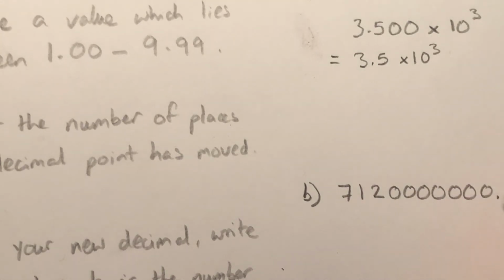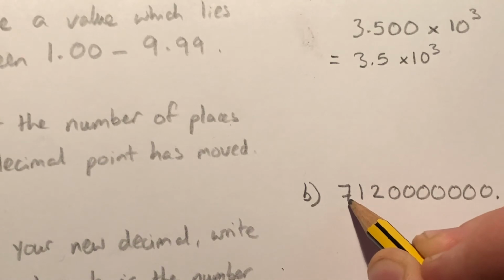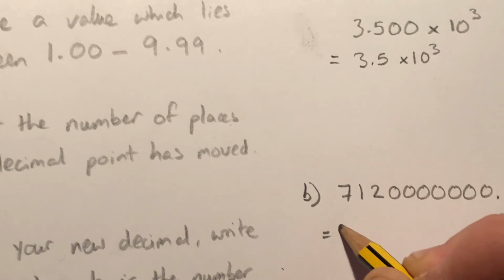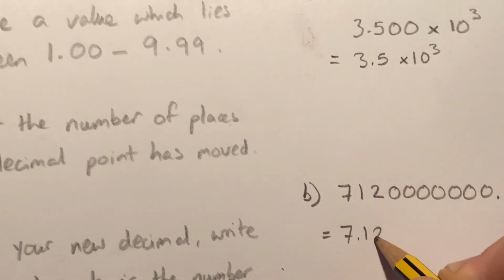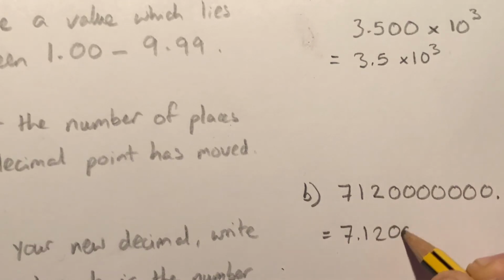So again, our decimal point would normally lie at the end. And we have to think, well, I have to create a number that's between 1 and 10. And again, this would fall between the 7 and the 1. So 7.12 with 7 zeros.